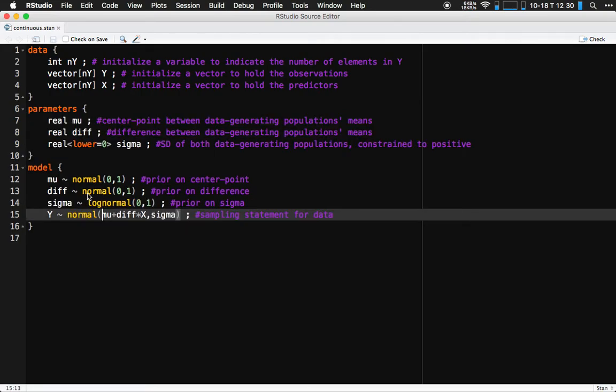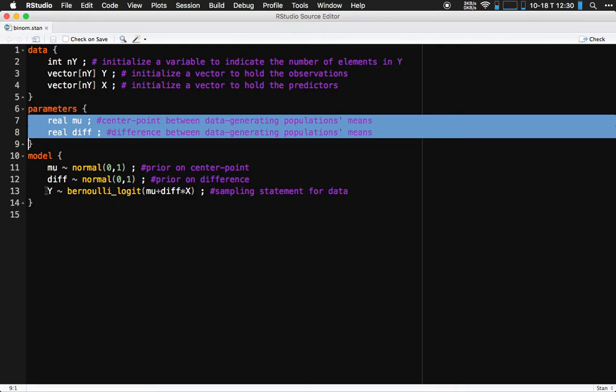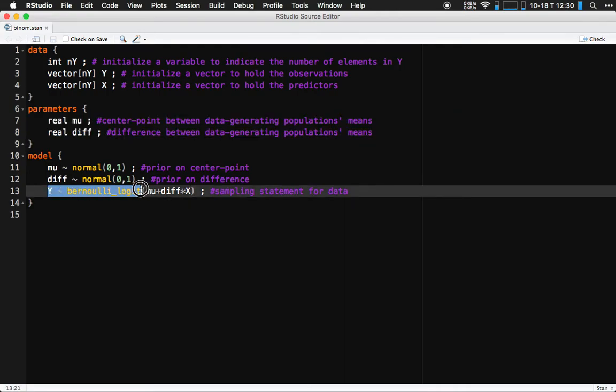And down here, for our generative model, we had y is distributed as normal something. And here we've got y is distributed as Bernoulli logit. I told you about log odds. Another term for log odds is logit. Bernoulli refers to the transformation from logit to probability.